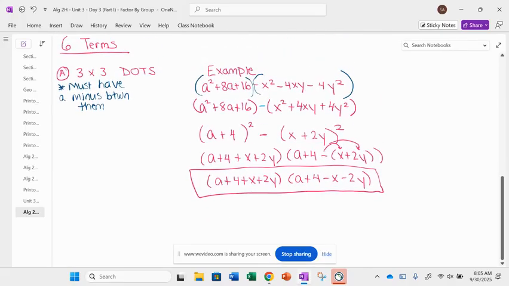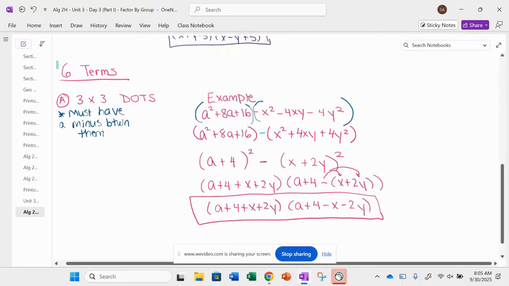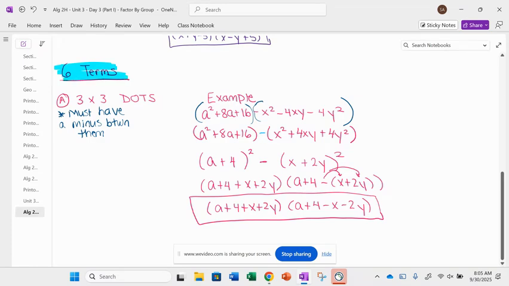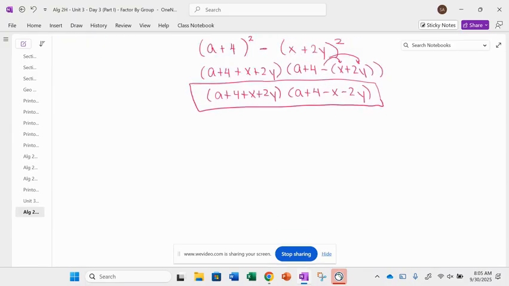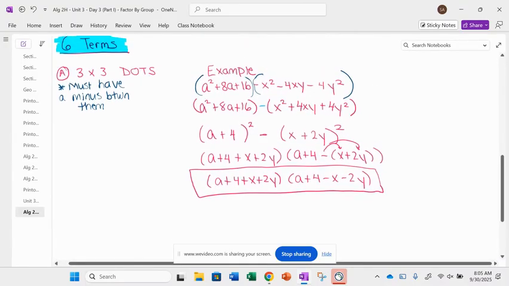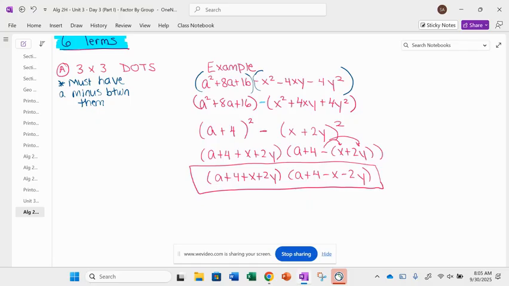All right, the other option for 6 terms. I'll let everybody finish copying this because the next one you'll definitely want to focus in with me.